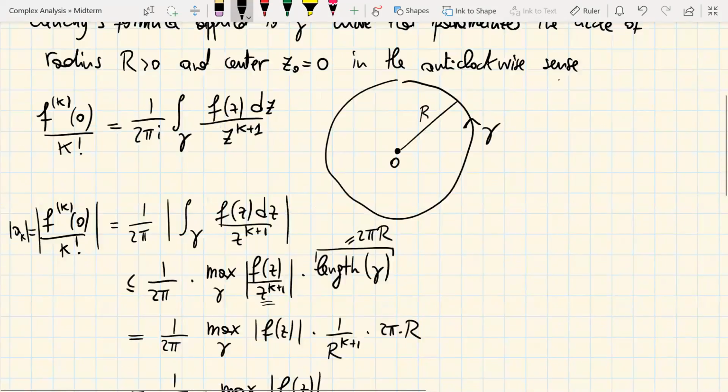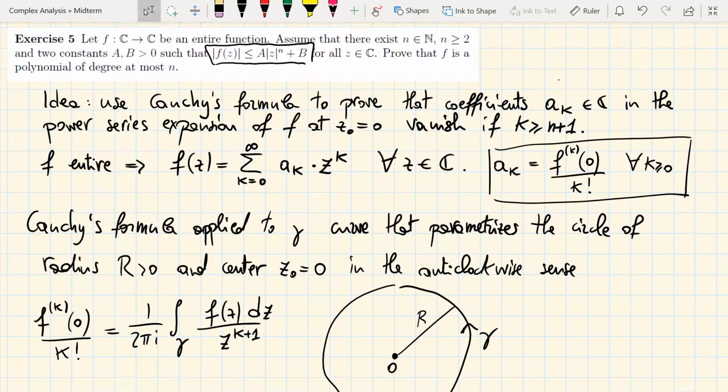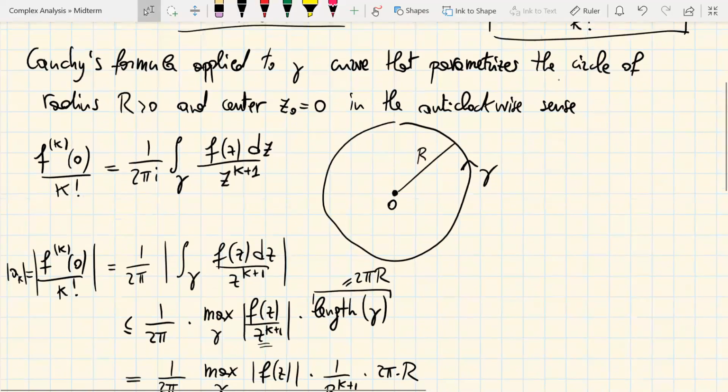So if we go back now to our formula for f, if all a_k for k bigger or equal than n plus 1 are 0, this means that f is a polynomial of degree at most n.